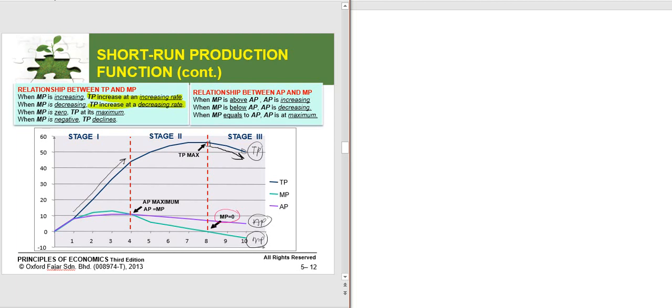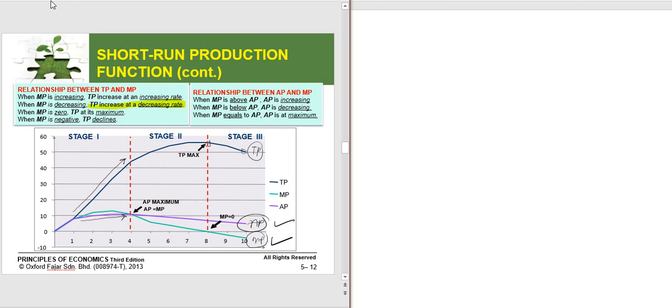If you just focus on the two curves, average product here and your marginal product, you can see when marginal product is above average product, which is at stage 1 here, your green curve is above your purple curve here, MP is above AP, your average product is increasing. So the purple curve here is increasing.